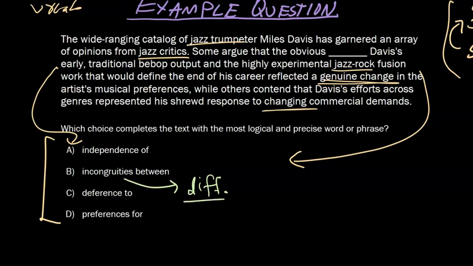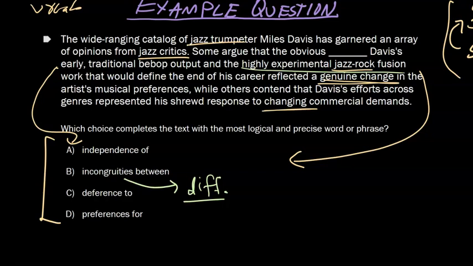Now, deference to. Some argue that the obvious deference to Davis's early traditional bebop and the highly experimental jazz rock fusion work that would define the end of his career reflected a genuine change. Well, deference to doesn't really make sense there. He's not deferring to anything. If anything, he's deferring to this because that's what he eventually switches to.